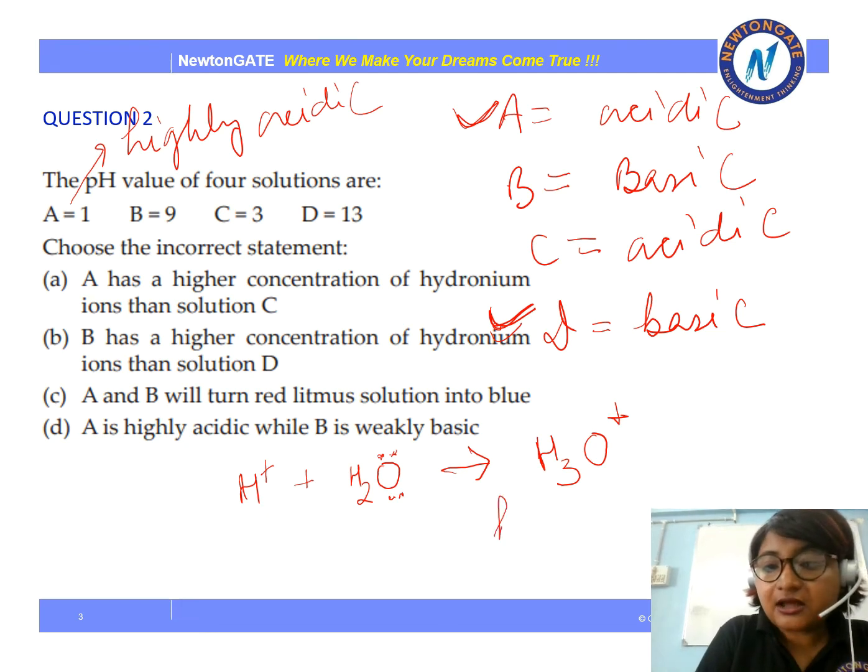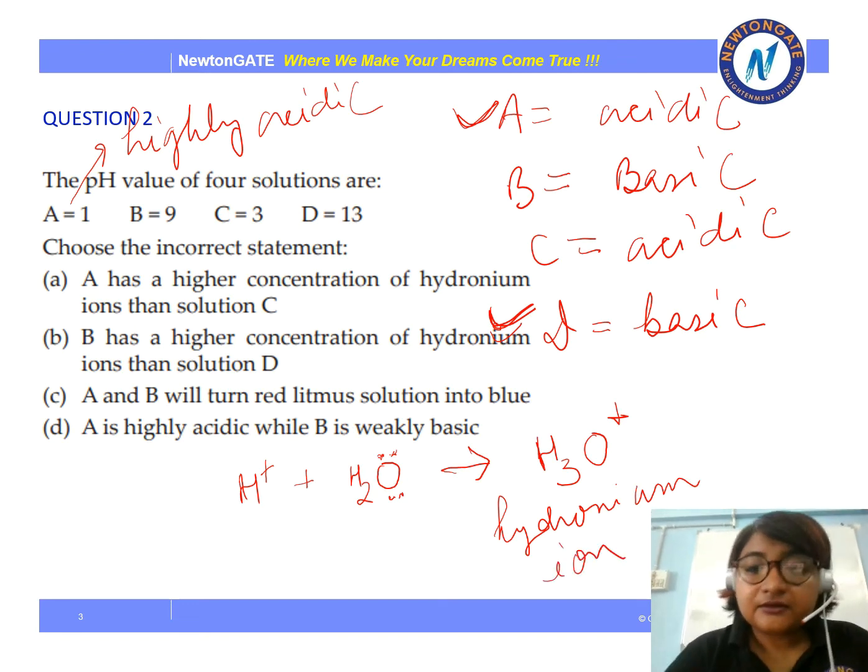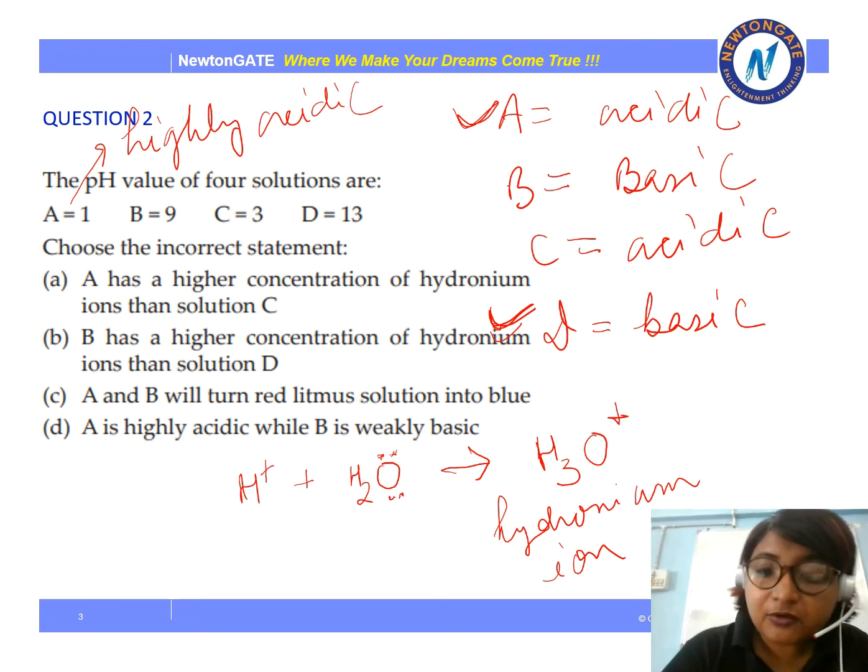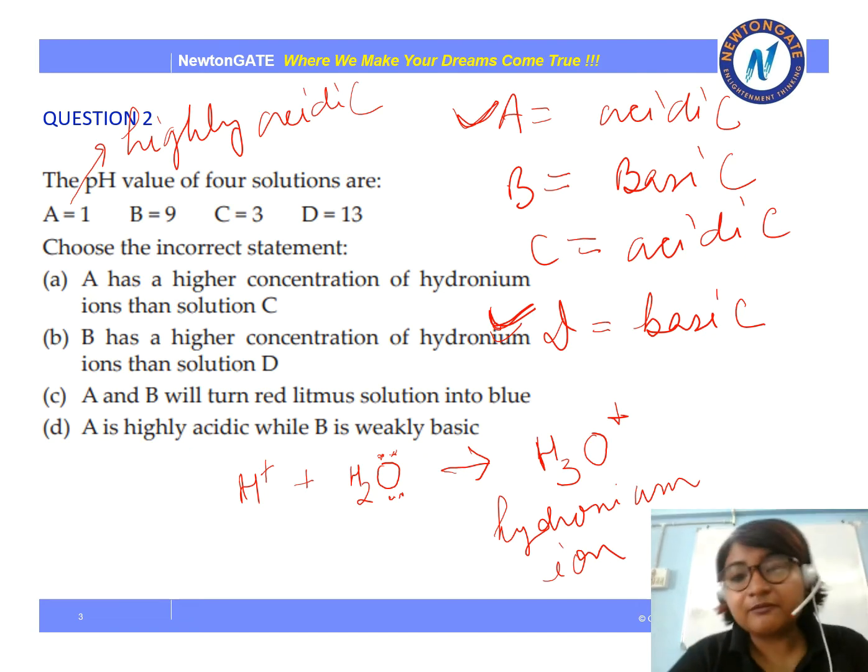This is called the hydronium ion. Okay, so H plus is present as hydronium ions. They do not exist as H plus freely, so they react with a water molecule and form a coordinate covalent bond to form hydronium ions. So H plus exists as hydronium ions.